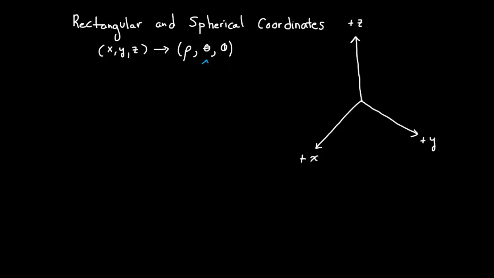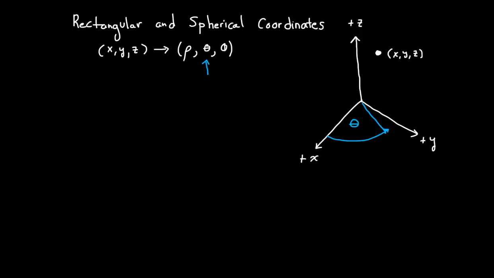Now, the theta is the traditional theta. That's starting with the positive x and rotating counterclockwise towards positive y, and that is our angle theta. Let's consider this point in space x, y, z.